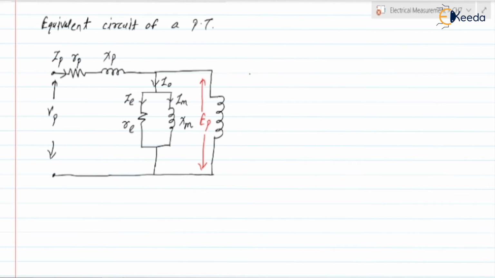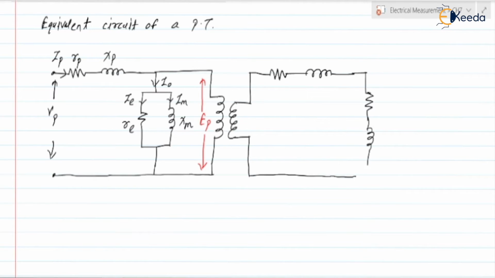Next, at the secondary side, we have the secondary winding resistance Rs, reactance Xs, and the load side, that is the external resistance, which is nothing but the resistance due to meters, Re and Xe.